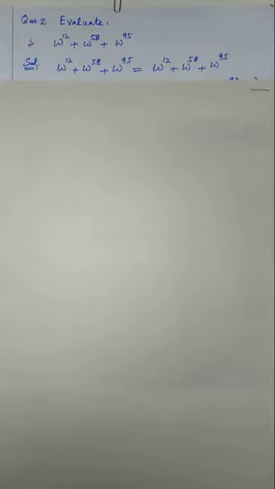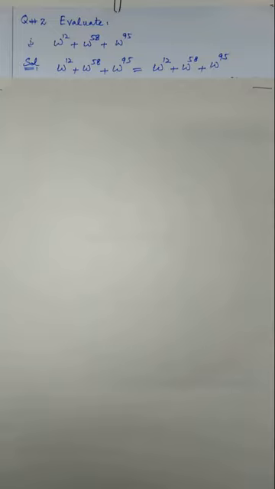The first part is given: omega power 12 plus omega power 58 plus omega power 95. Solution: repeat the given question like this. Now omega 12, divide 12 by 3.